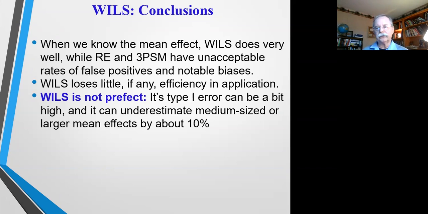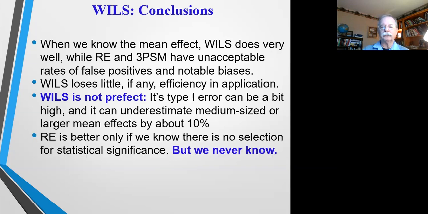It's not perfect. It's just a simple weighted average. Its type 1 errors are a bit too high, and it does, in fact, tend to underestimate medium to large effects. I mean, it's throwing away estimates, and so it does so falsely sometimes, and that tends to underestimate those medium to large effects by about 10%. I don't think that's a big handicap, but we can talk about that in discussion.